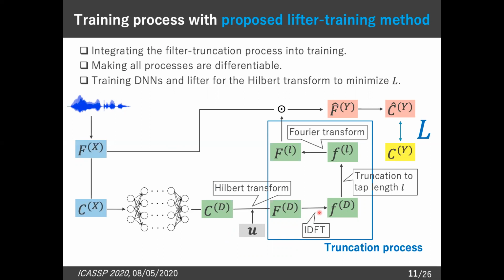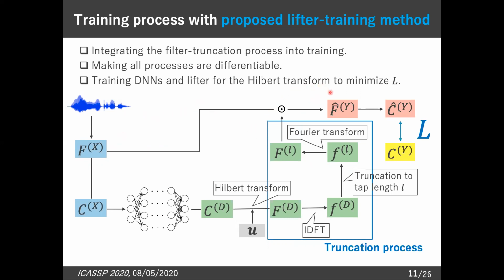Then it is truncated to FL by applying a window function. By using the DFT again, a complex spectrum of the L-tap truncated filter, capital FL, can be obtained. A complex spectrum of converted speech, capital F hat Y, is obtained by multiplying capital FX by capital FL.